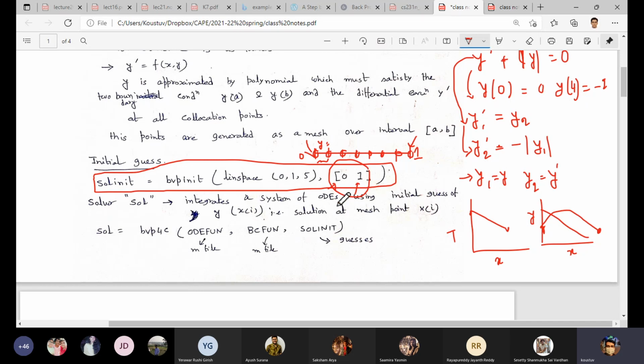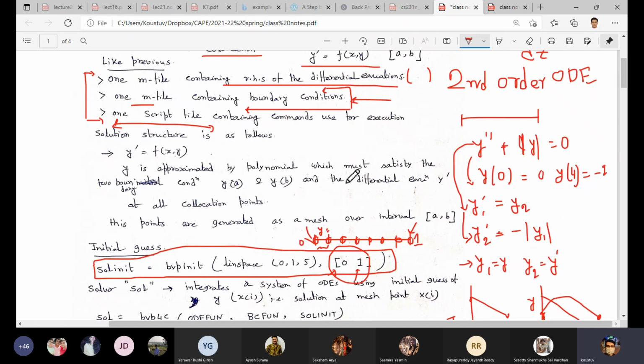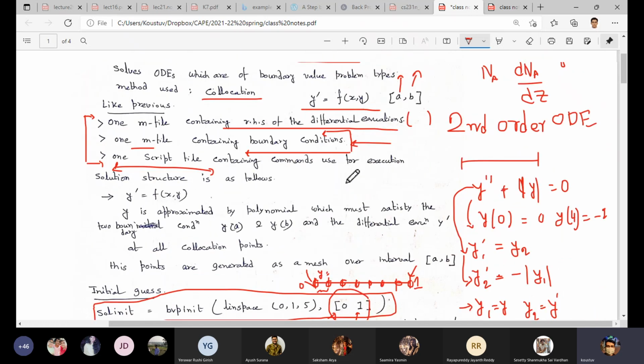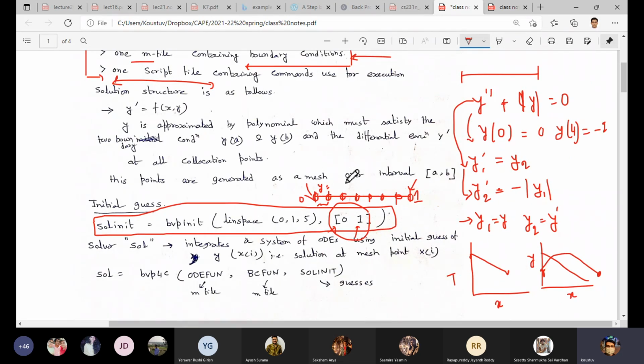Initial guesses are nothing but, generally people take them in the range of 0 1 or 1 0. So typically they start with that. But what I understood is that if you know the physical origin of the problem, for example that temperature must get distributed from this point to this point.